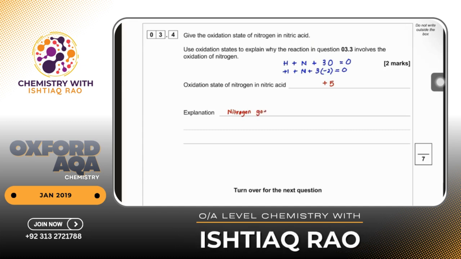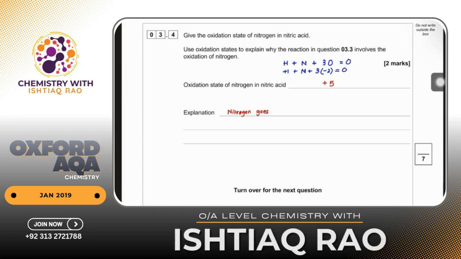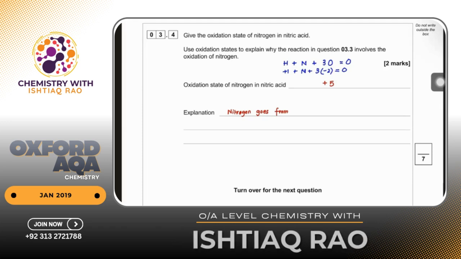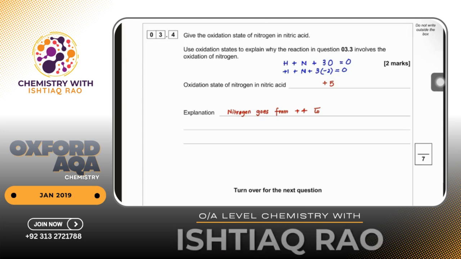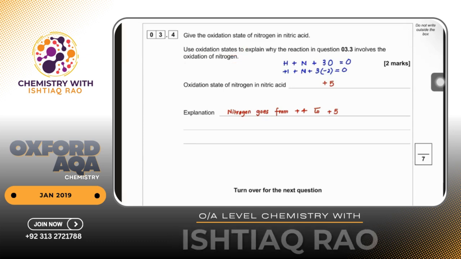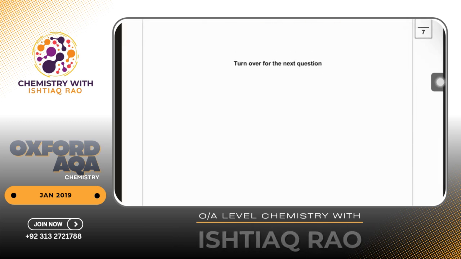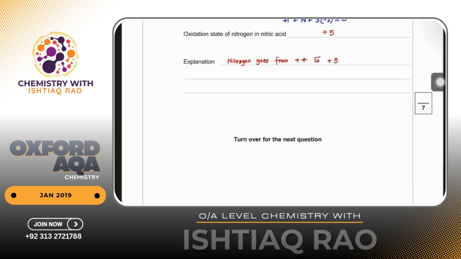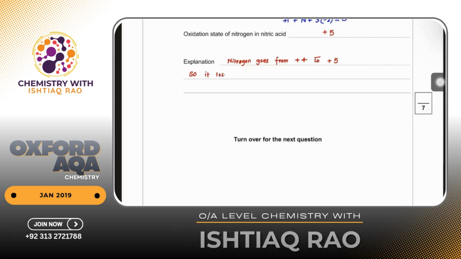Nitrogen goes from +4 to +5. That's why they are saying oxidation of nitrogen. So it loses one electron.